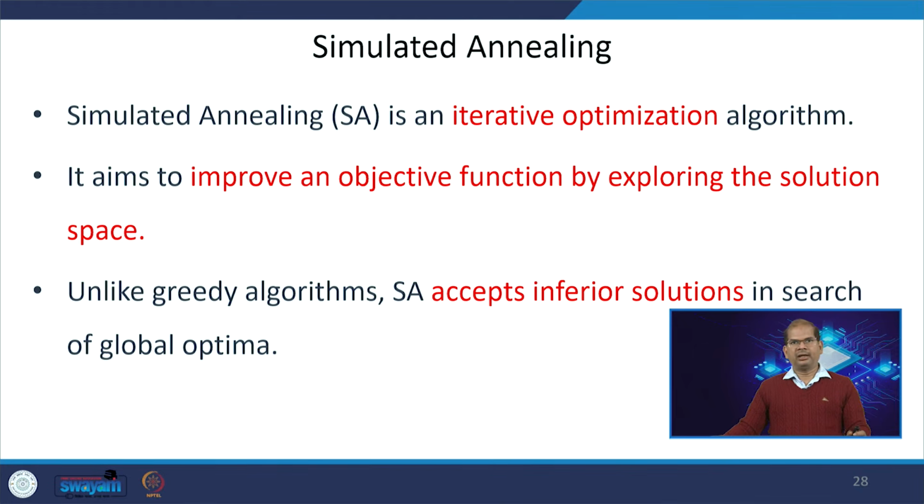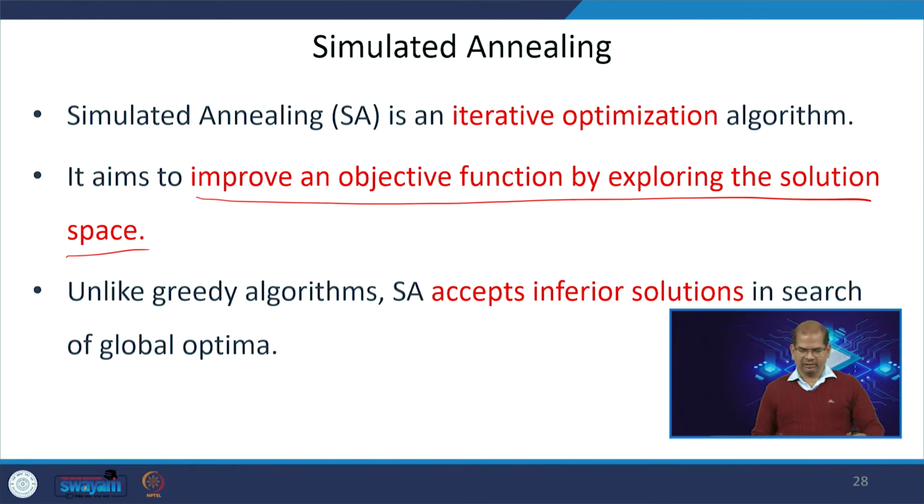Simulated annealing is an iterative optimization algorithm. The main objective of simulated annealing is to explore the solution space, so it will improve the objective function by exploring the solution space. There is an algorithm called the greedy algorithm. If I go by the greedy algorithm, I will always go to the local optimal value.